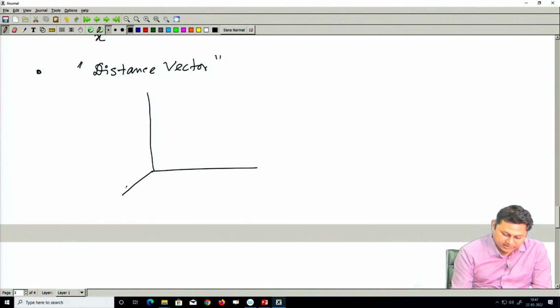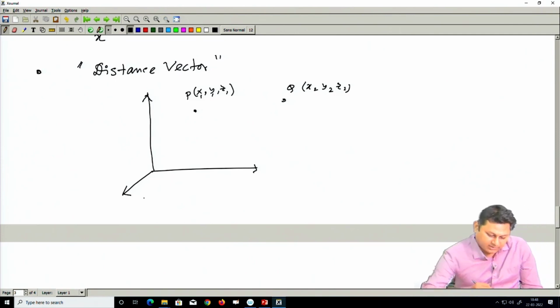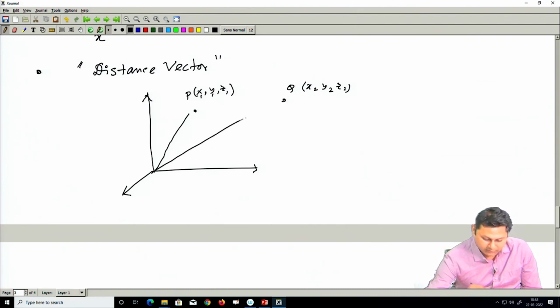In the same coordinate system, suppose I have a point P and Q, where P has coordinates x 1, y 1, z 1 and Q is x 2, y 2, z 2. Then the distance between these 2 points also gives us a vector.